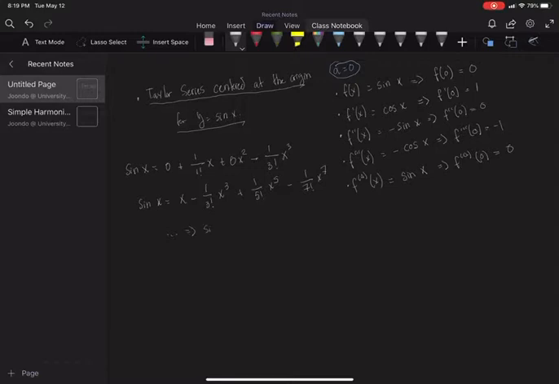sine x really is equal to the sum of k equals 0 to infinity of minus 1 to the kth power, x to the 2k plus 1 over 2k plus 1 factorial. Okay? Alright.